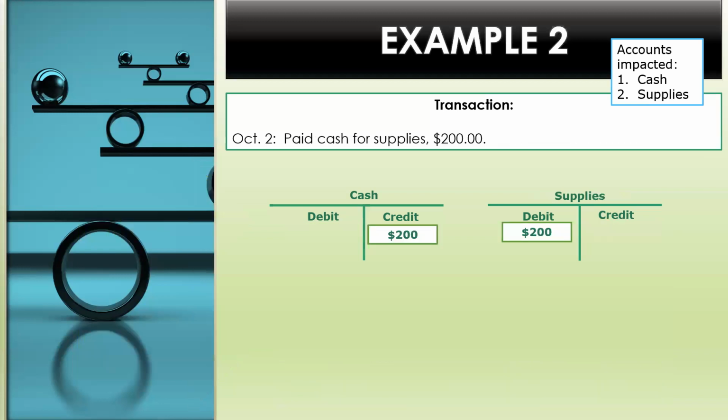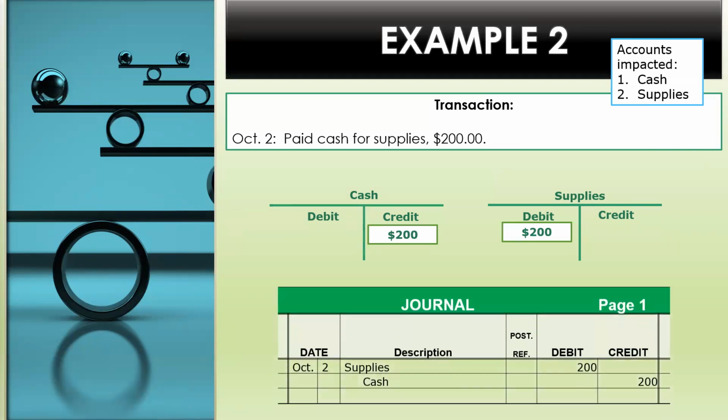Let's work some more. Example 2, on October 2, we paid cash for supplies in the amount of $200. This transaction impacts cash and supplies. The first thing we're going to do is enter the date. This business transaction occurred on October 2.